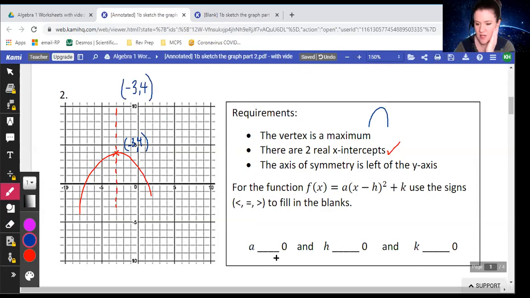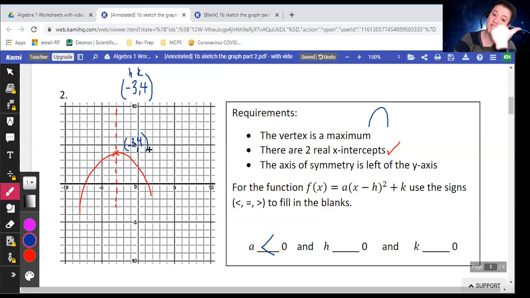And that's going to help us with this part because we have to fill in the signs. All right, so what's A? A is telling you positive or negative. This one's negative, so that means that it has to be less than 0. H, all right, so I know this is my H and this is my K. H is negative, right?